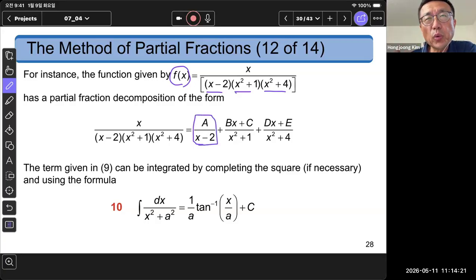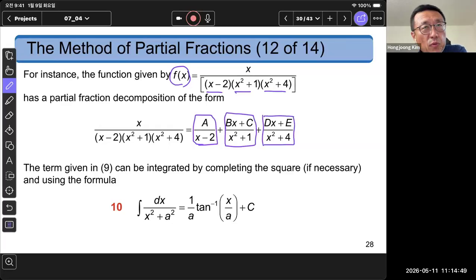Now, in case of x squared plus 1, that appears only once. So that will introduce a linear term, bx plus c over x squared plus 1. Now, the third term of this factorization is x squared plus 4, which is also quadratic, and that term will introduce this dx plus e, a linear term over x squared plus 4. So we get this expression.